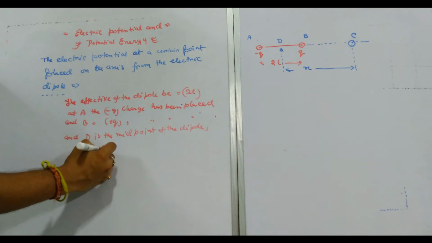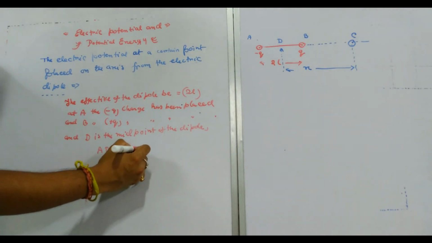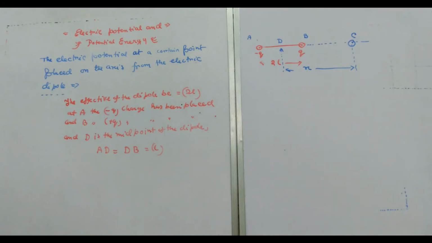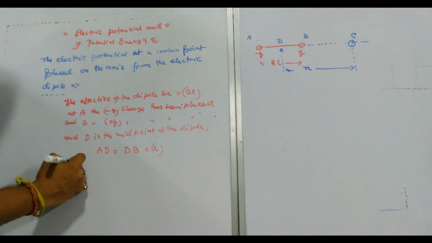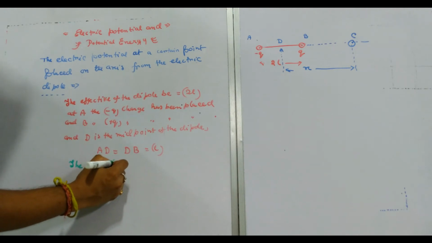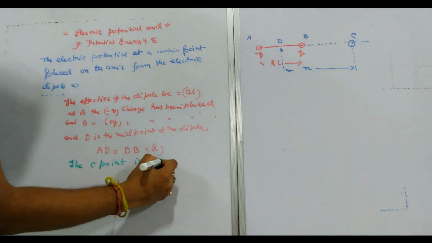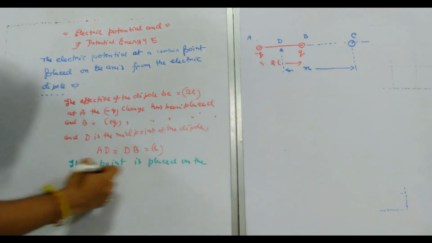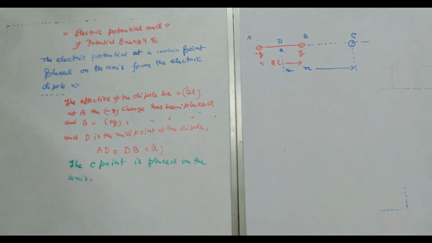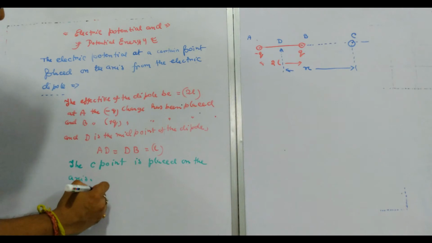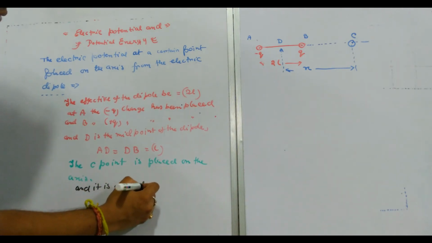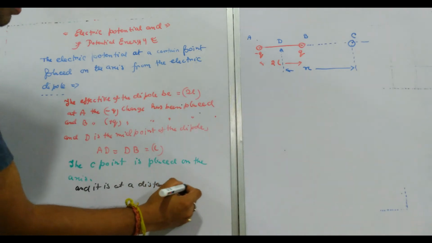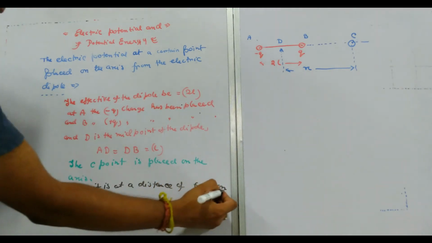So we can write AD equal to DB is nothing but L, because we have imagined the total effective length of the dipole is 2L. Now we have imagined the C point is placed on the axis, right? And this C point has the distance of x from the midpoint of the dipole.